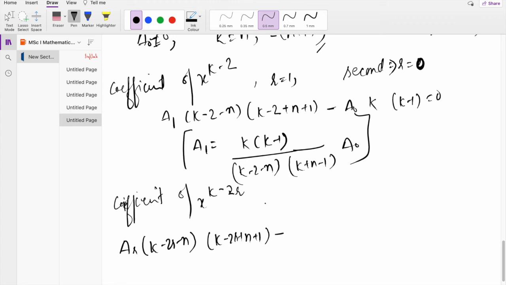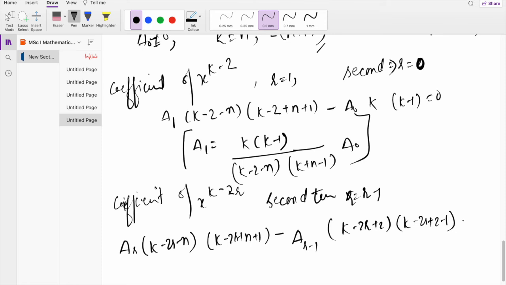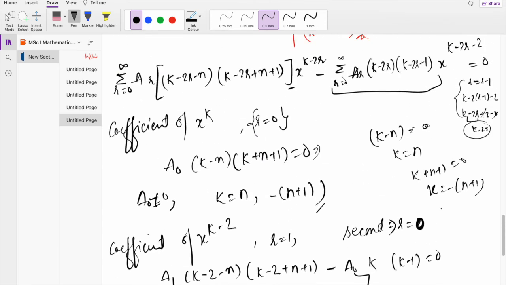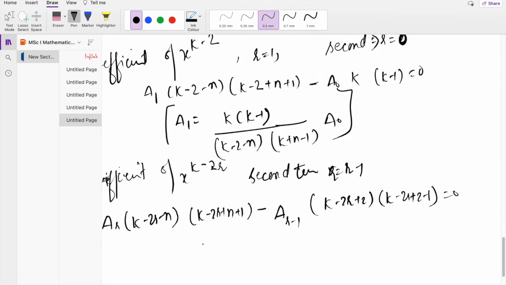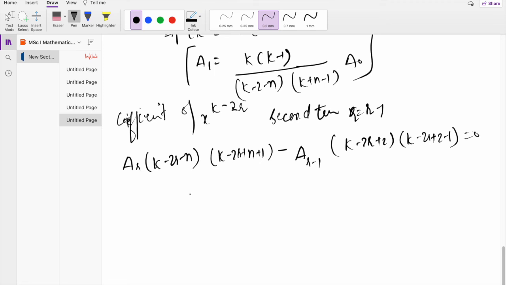Minus of, now what do I put in the second term? In the second term, put r equals r minus 1, so the r becomes r minus 1. And this becomes k minus 2r plus 2 and k minus 2r plus 2 minus 1 equals 0. Good. Need to calculate a_r from this equation.